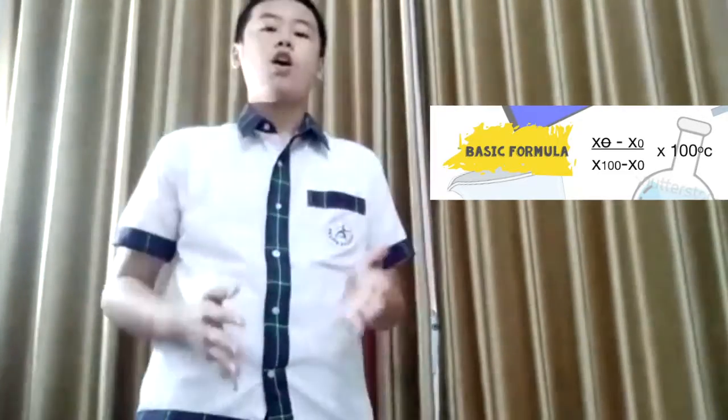So (x theta) minus x0, the melting ice point, which we usually call 0 degrees Celsius, over x100, which we usually call the steam point, 100 degrees Celsius, times 100 Celsius, or the difference between 100 and 0.